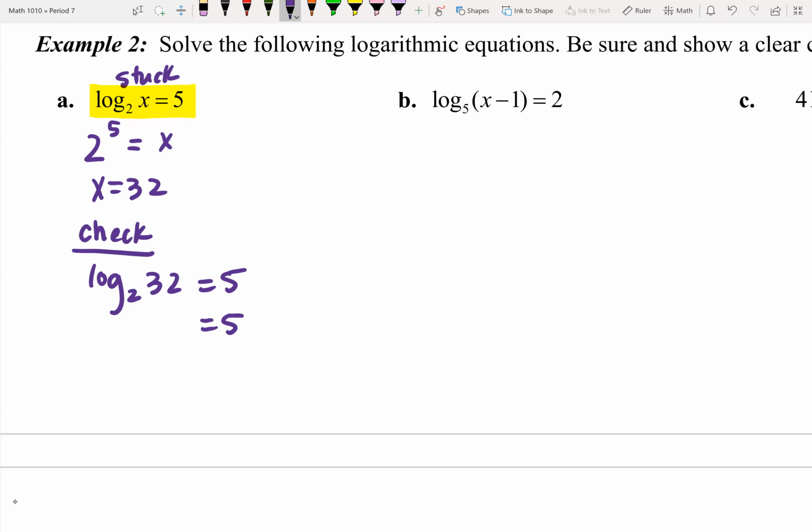Log 32, close it, divided by log 2, close it, hit enter, and you get 5 equals 5. There's only one answer to this whole problem, and it is x equals 32. And if I plug the 32 in, and I get a 5 and a 5, I walk away 100% certain that I just got that problem right. Okay? Who says I'm with you right there?